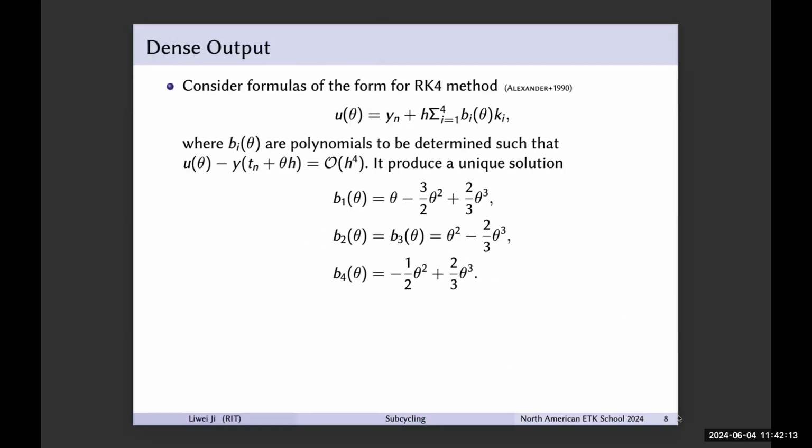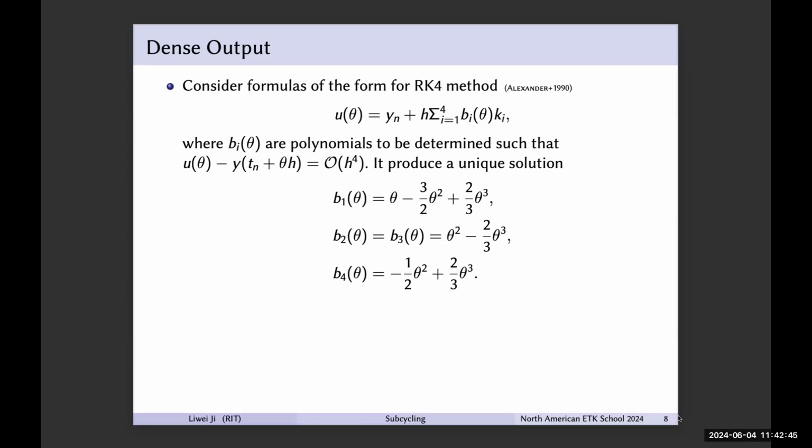We can assume that it has this kind of expression, but the coefficients b_i(theta) can be determined. We require that the expression of this theta equals the true solution for order 4. With this requirement, we can actually have a unique solution for b_i(theta), which is this.